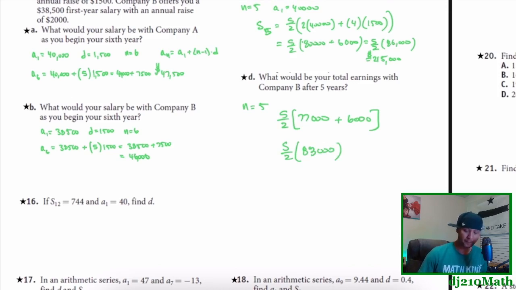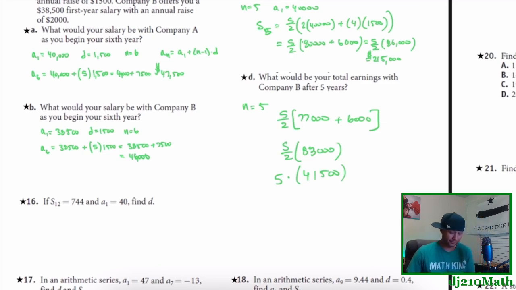So this would be 42 and a half. Right? 83 divided by 2. Is that true? No, it's not. So I don't have a calculator.